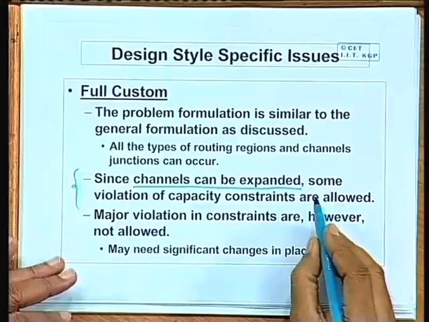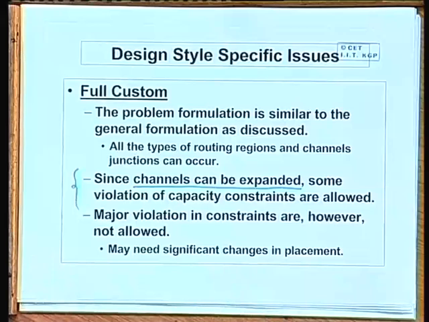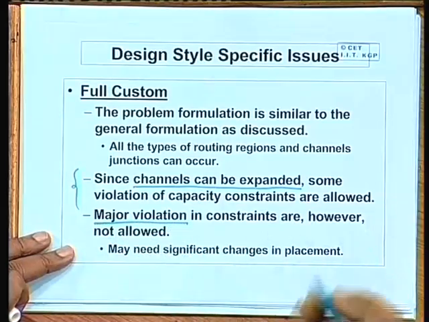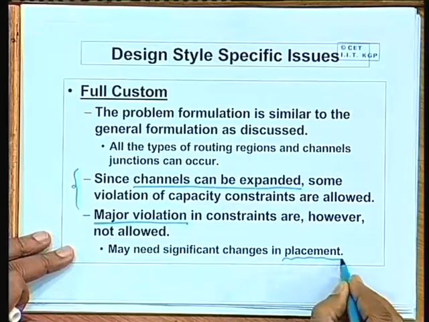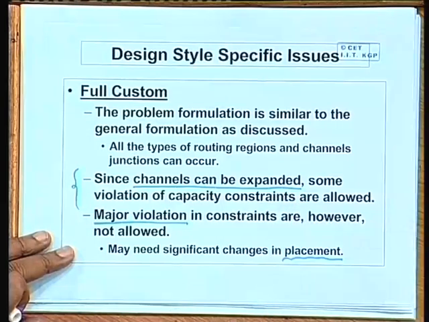Maybe if we go back to the placement and redo it, it will be better. So, normally during routing, we allow some violation of capacity constraints, but not drastically. If there is a major violation, then typically we may have to go back to the placement, address this problem, and again come back. Okay.